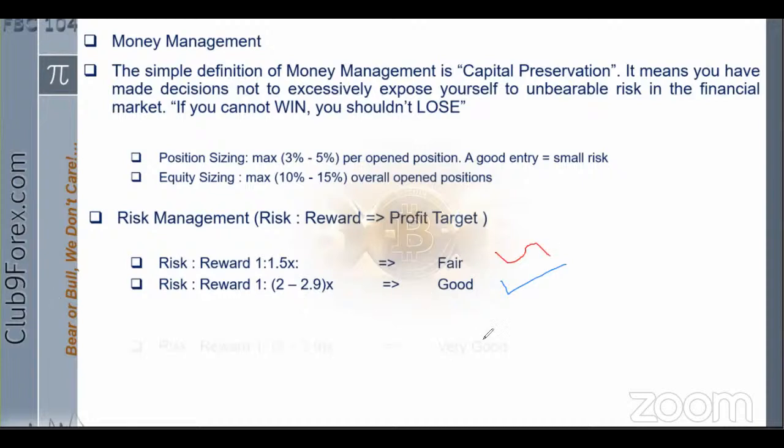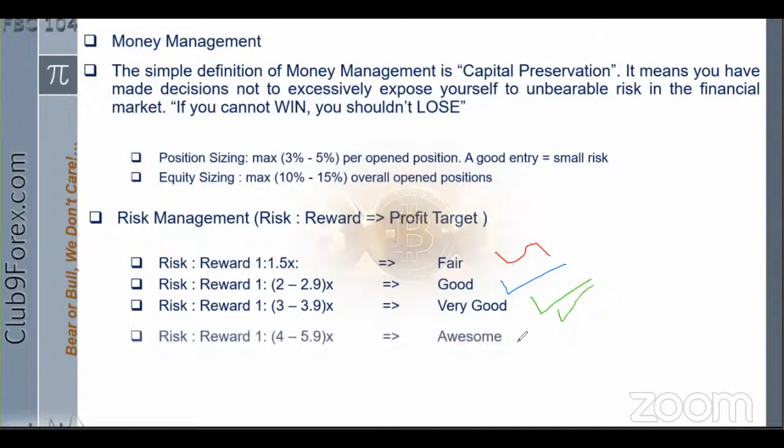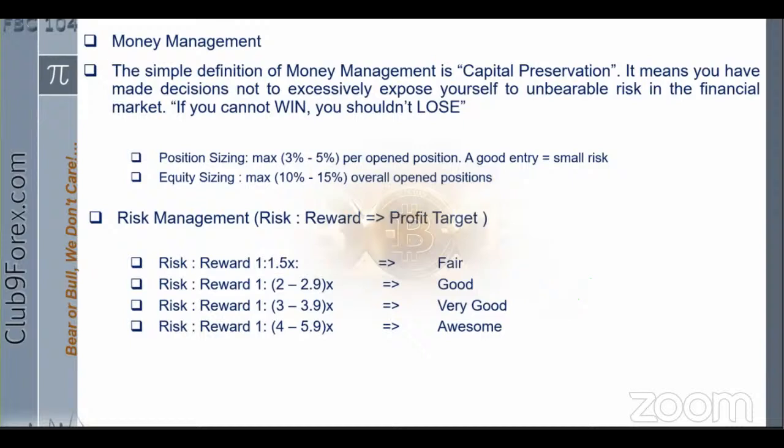The next one is a risk reward that is higher than 3. That means 3 to 3.9, and that is very, very good. So the higher your risk reward ratio, the more it shows that you are consistently ensuring risk management when you are taking a trade.